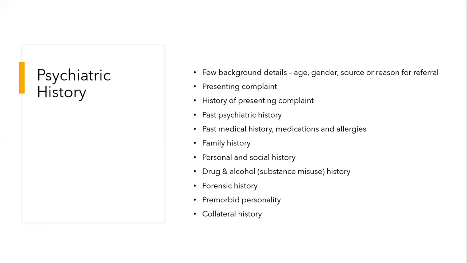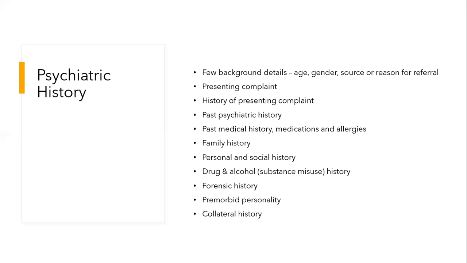And I'll then move on to the history of the presenting complaint, which is your opportunity to find out in more detail about their presenting complaint, in this case the suicidal thoughts.